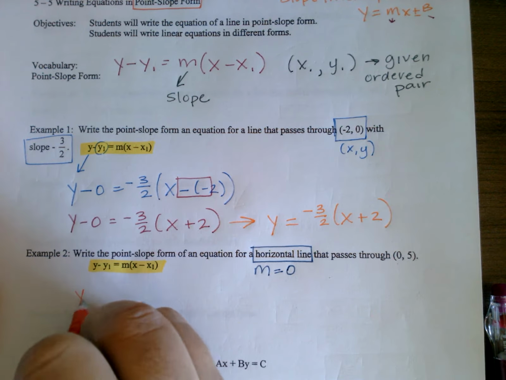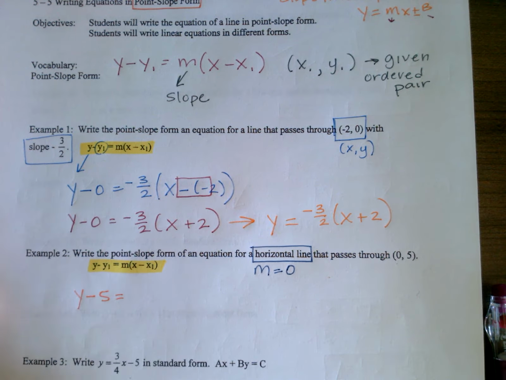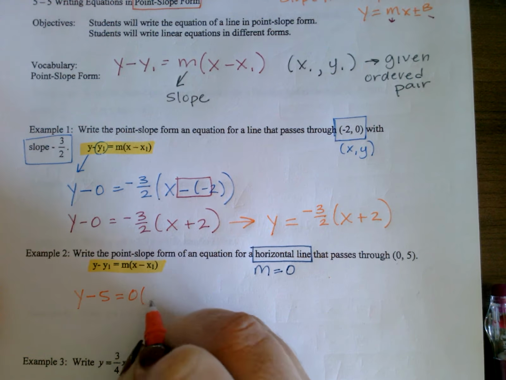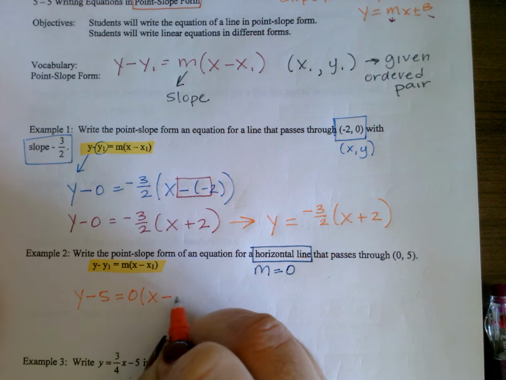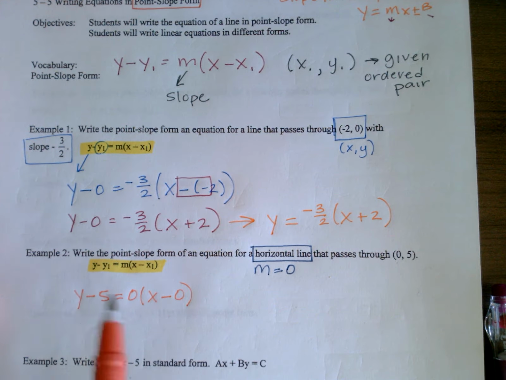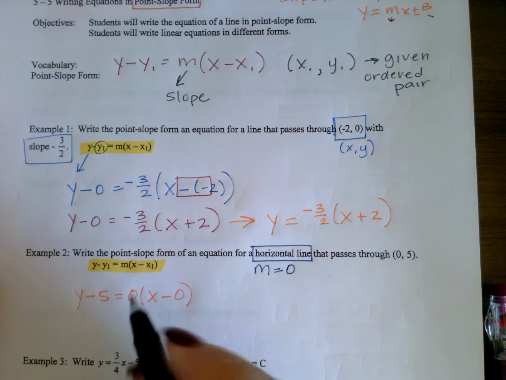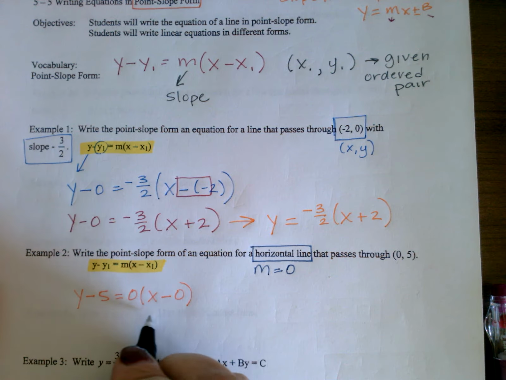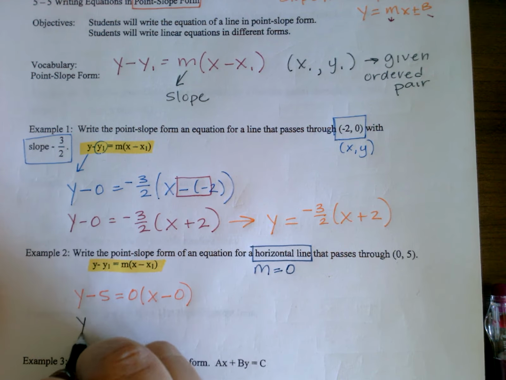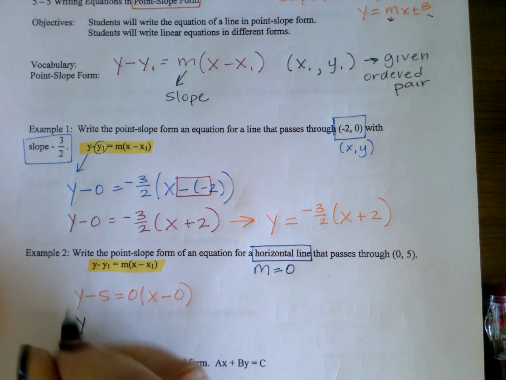So filling in what I know, y minus 5 equals 0 times x minus 0. We could stop there because that is the form they asked for. We could simplify it a little bit. You know that 0 times absolutely everything in the world is 0.